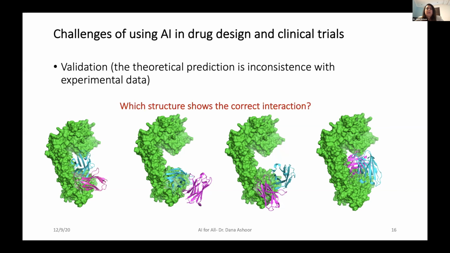So for example, if I enter my data to the machine and ask it to do a simulation for an interaction of two proteins, it will give me hundreds of results. So which one is the correct one? Who can validate the data? Here we go back to the human and to the actual experiment done in the lab. So we cannot just rely totally on artificial intelligence and machine learning results.